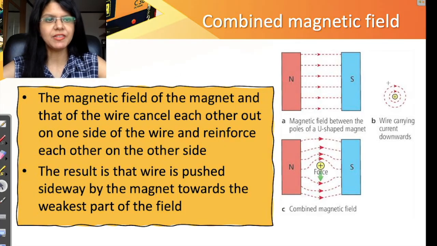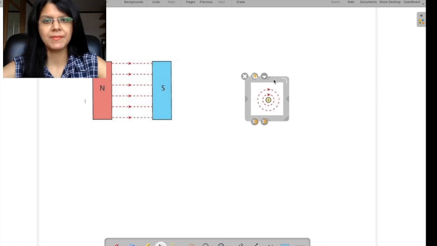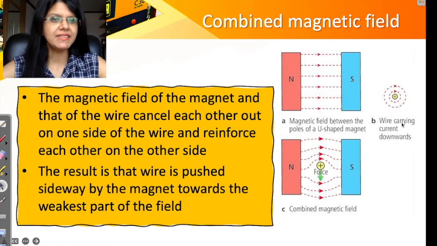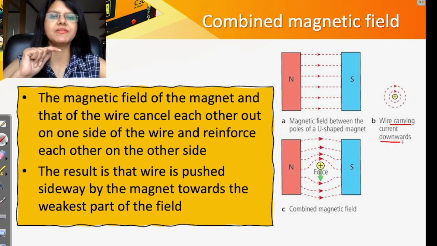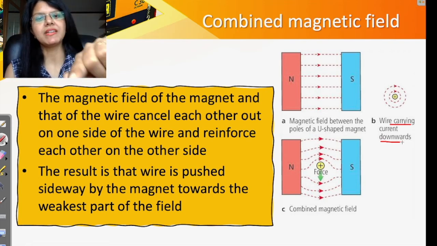And another thing that you have is a current-carrying wire. This is a wire. This dot with the plus sign indicates that the wire is carrying the current downwards. That means the current is moving from outside your screen to the inside of your screen.